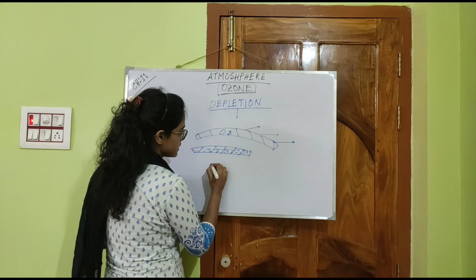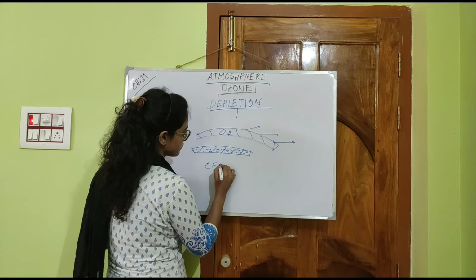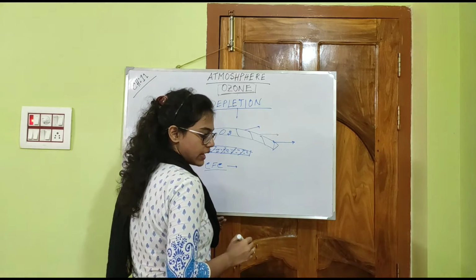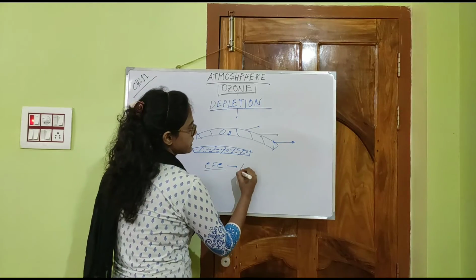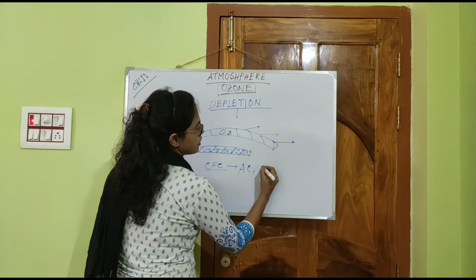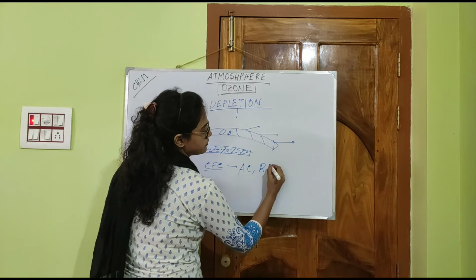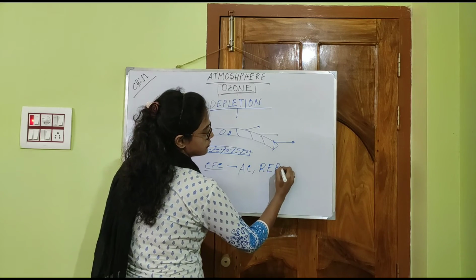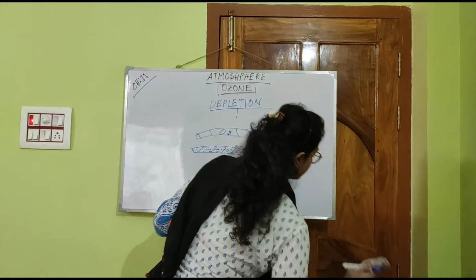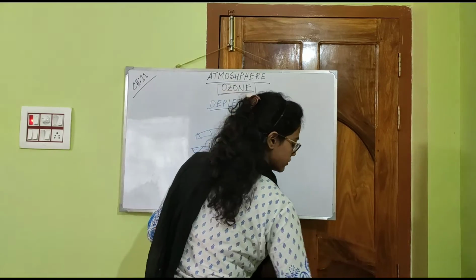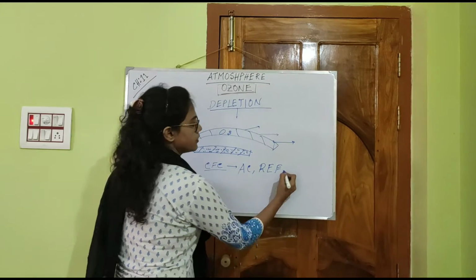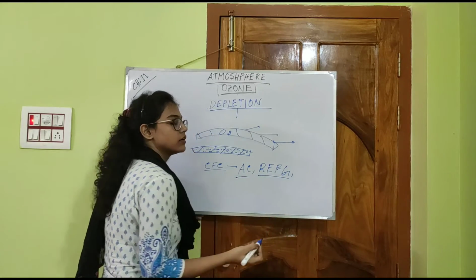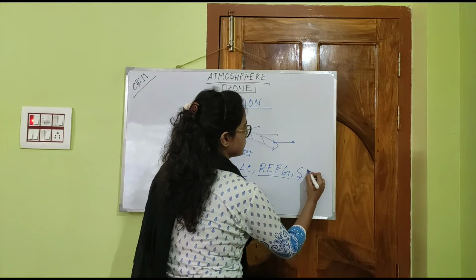It is depleting because of CFC. From where is CFC coming? That is from the AC, from the refrigerator, and from sprays.